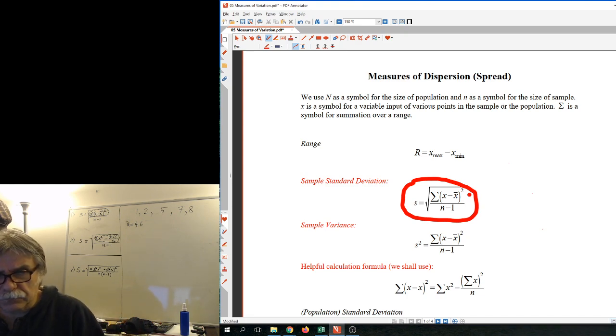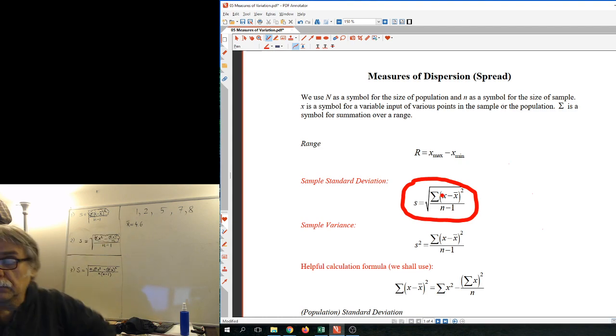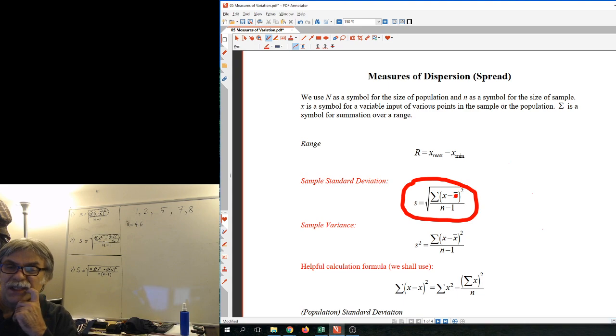So let me show you how this formula is used. First of all, you have this numerator that I put there in the cloud. If I'm going to calculate this numerator, I will need to get the differences, the squares, and the total.